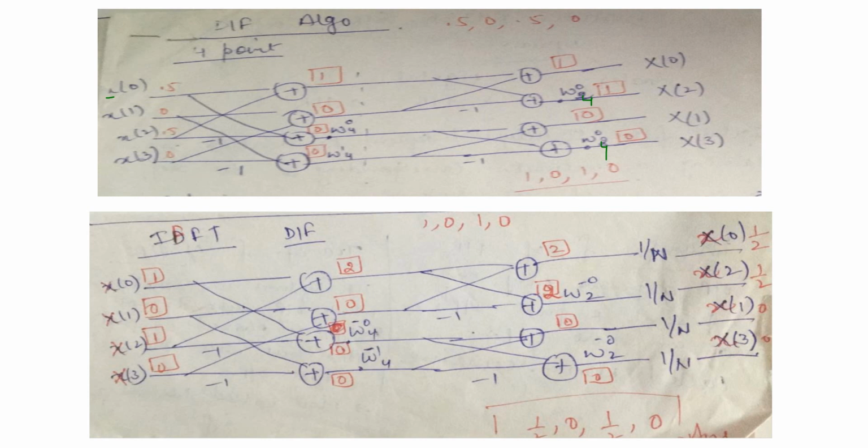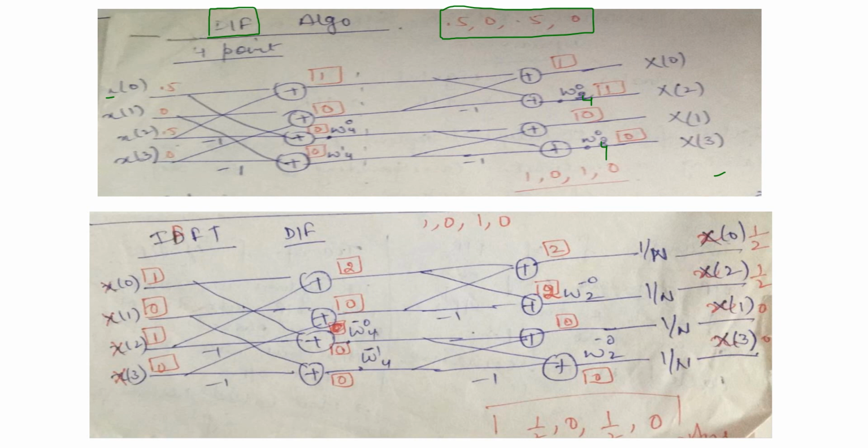The question is, if the sequence is 0.5, 0, 0.5, 0, perform 4-point DFT using the DIF algorithm. DIF is decimation in frequency. This is your butterfly diagram. Put the values in this and do the calculations.